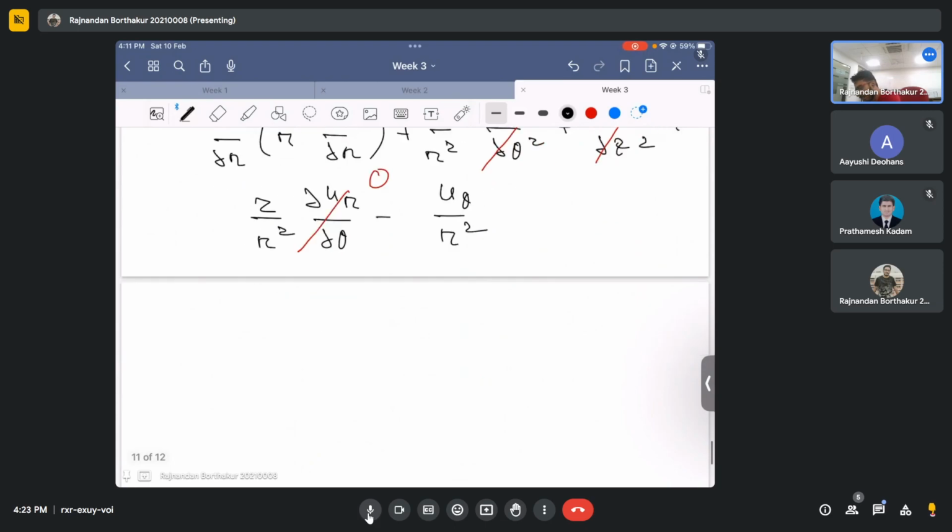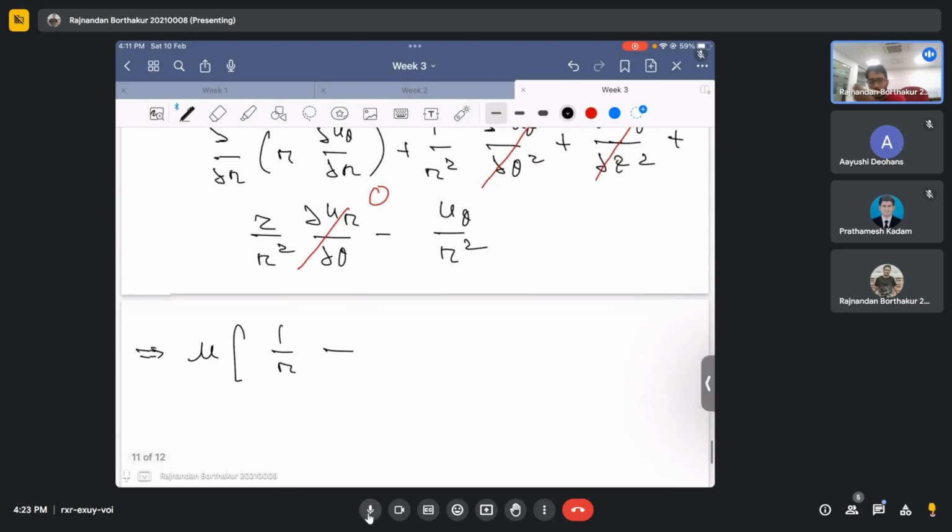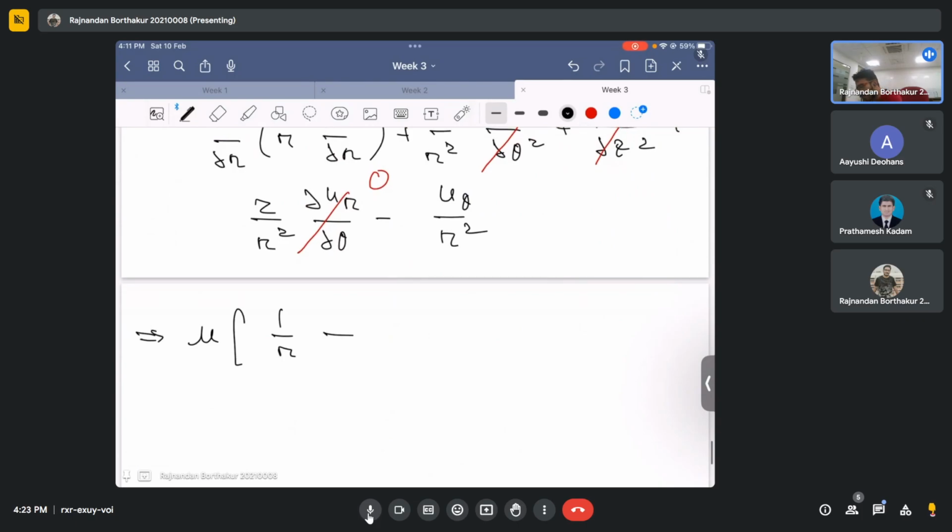So what we have is mu times 1 upon r into, since u theta is just a function of r, we can change this partial sign into a complete derivative, which becomes d/dr of r times du theta by dr, minus u theta by r squared.